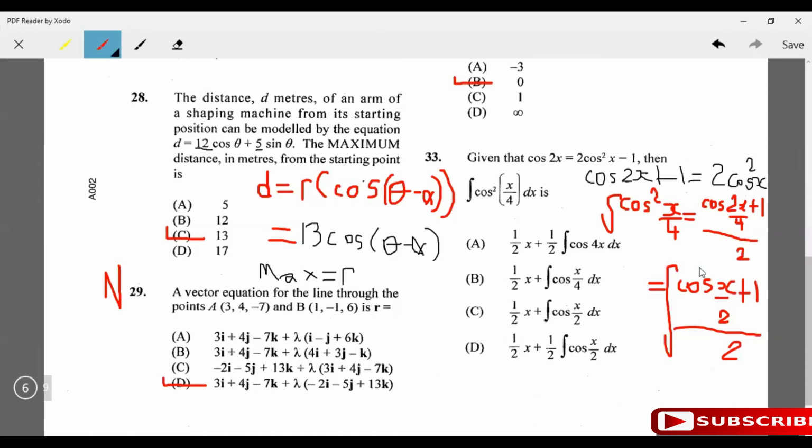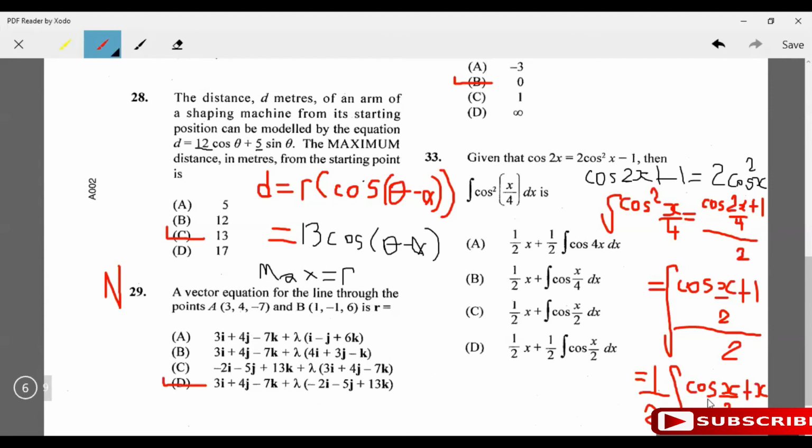Easy, soft. So let's simplify this side now. I can factor out the half, and that works out to be a half the integral of cosine x over 2 plus the integral of 1. But the integral of 1 is just x.